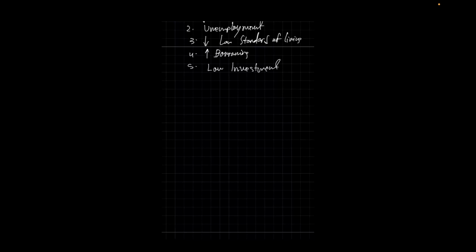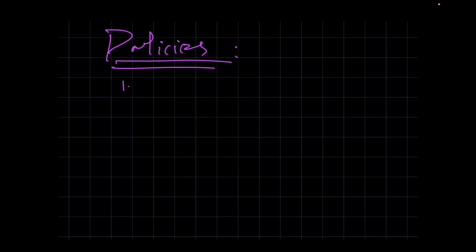So now lastly, the main thing that we need to look at is policies. So the policies surrounding current account deficits and surpluses. Whenever you have measures to correct a current account deficit, it would be firstly having contractionary fiscal policies.